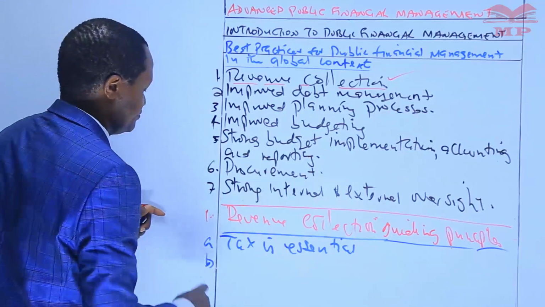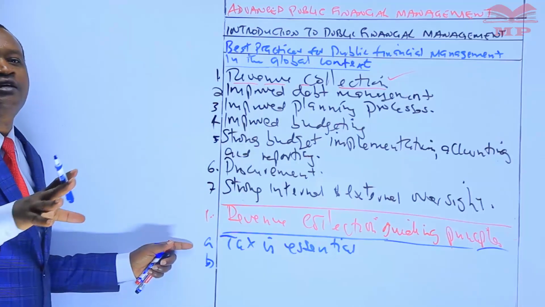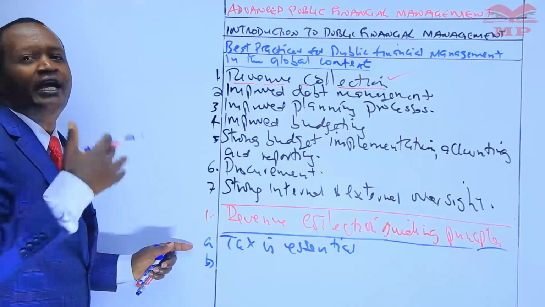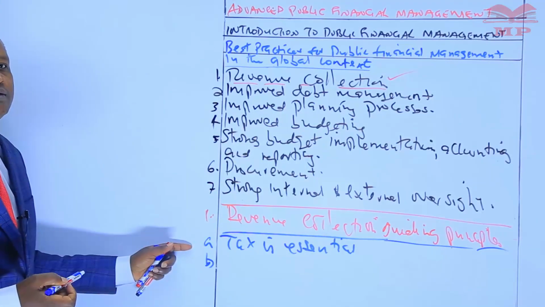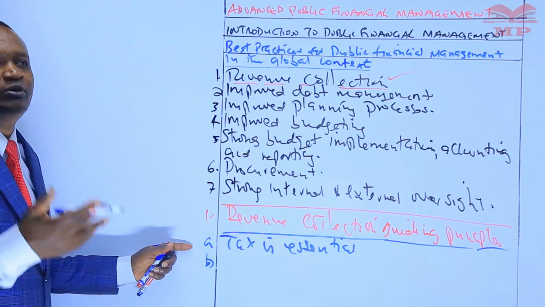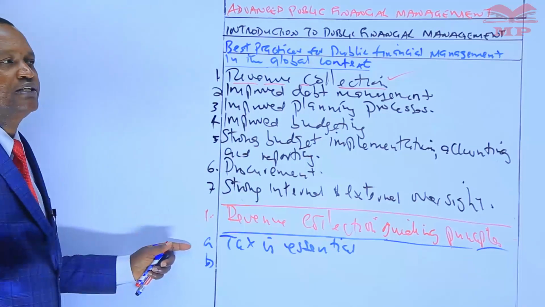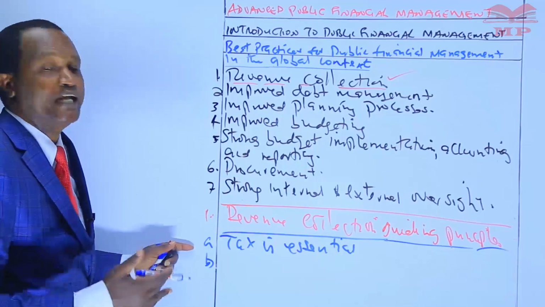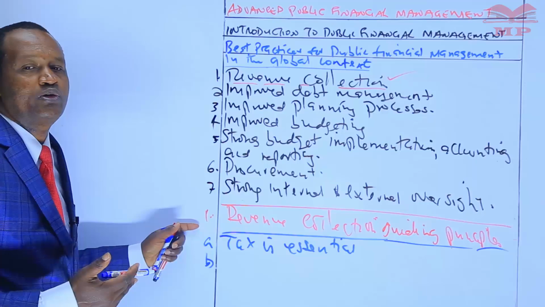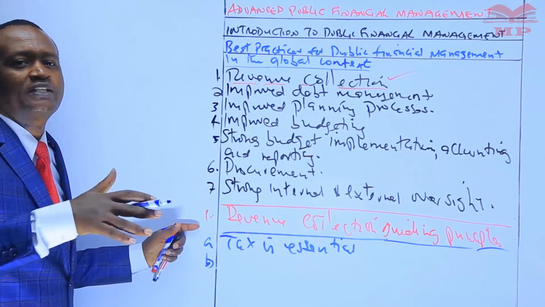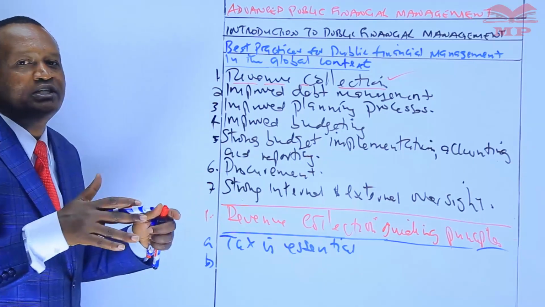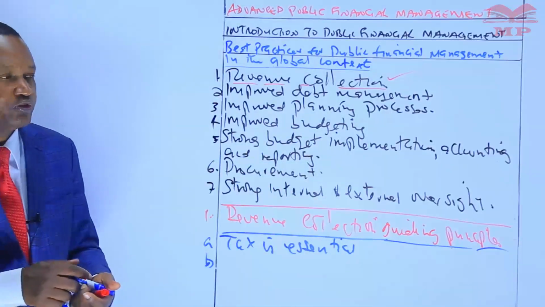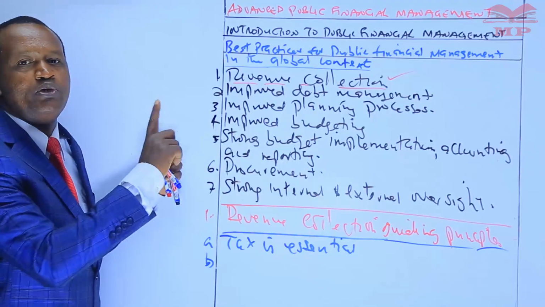B is that the revenue services must be properly resourced and motivated. Because if revenue services cannot be made to operate efficiently, the outlook is doubtful for other public financial management bodies.